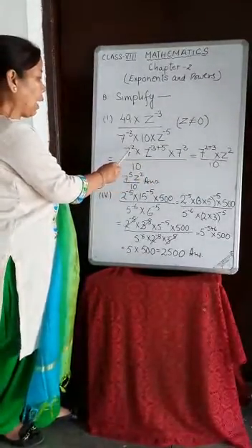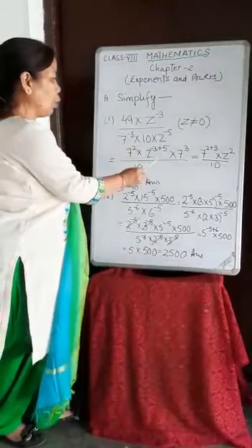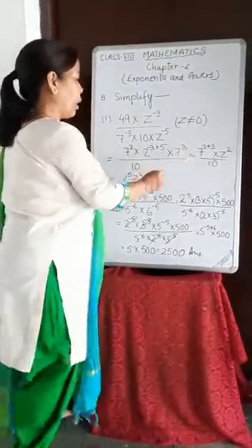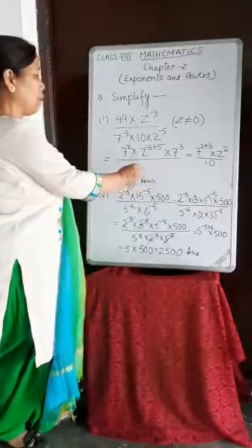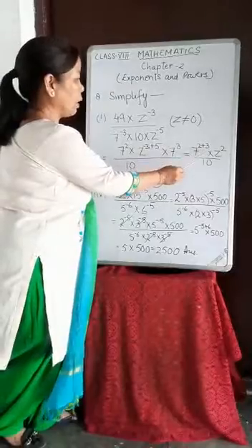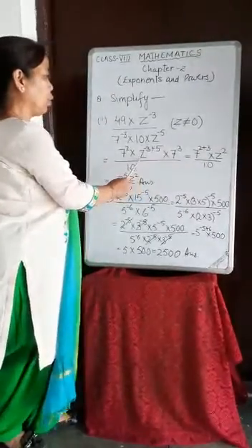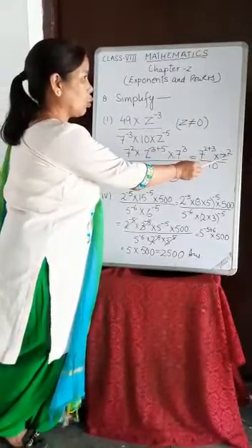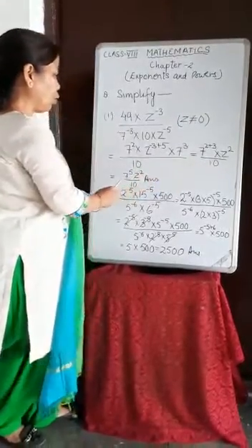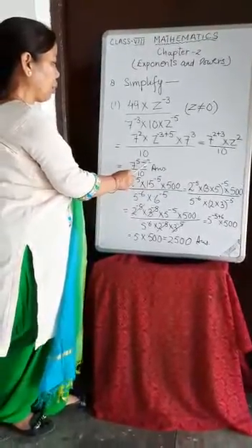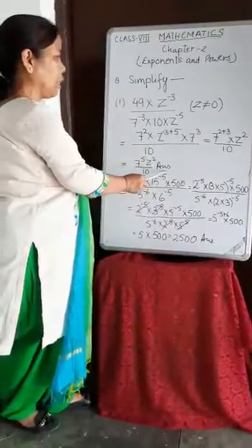Now if we add 7 raised to the power 2 and 7 raised to the power 3, means if the bases are the same, we can add the powers. So 7 raised to the power 2 plus 3 will come over here, and z to the power minus 3 plus 5, which equals z to the power 2, whole upon 10. So 7 raised to the power 5 into z raised to the power 2 upon 10 is the answer.